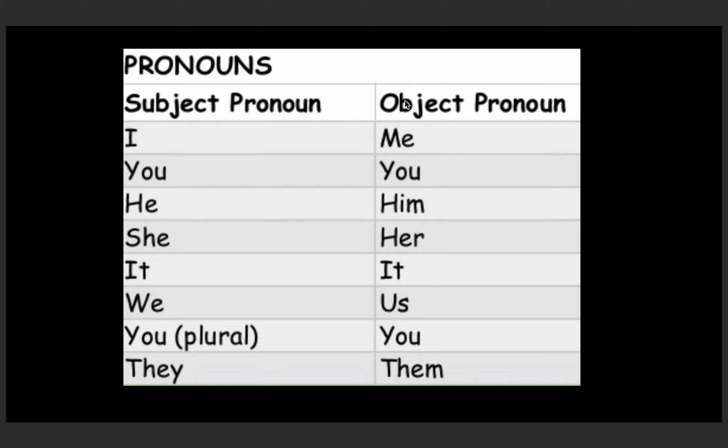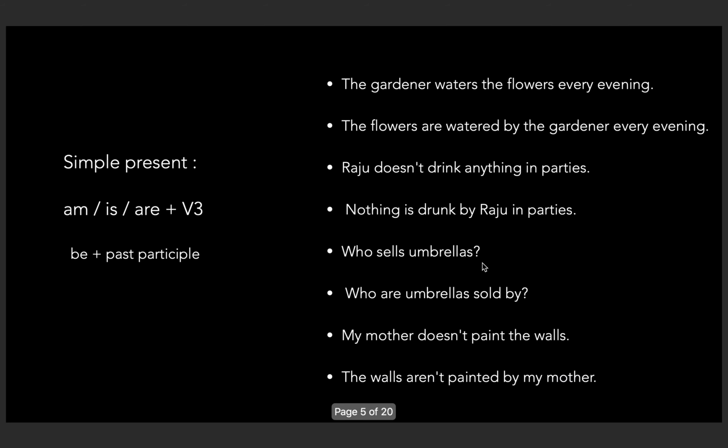So when you convert a sentence having these subject case pronouns into passive form, you have to change them into the object case of these pronouns. That is a pretty basic thing.